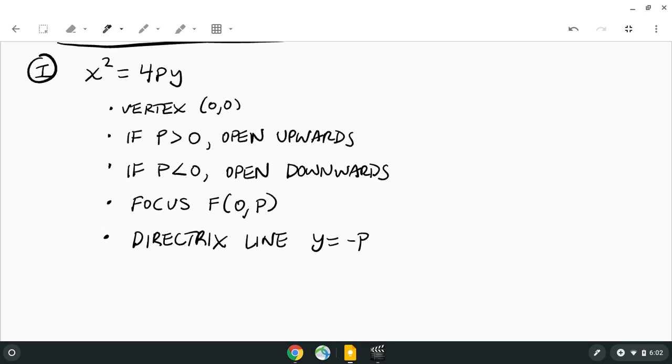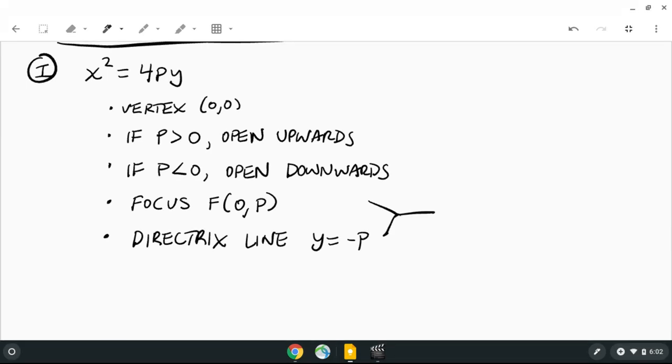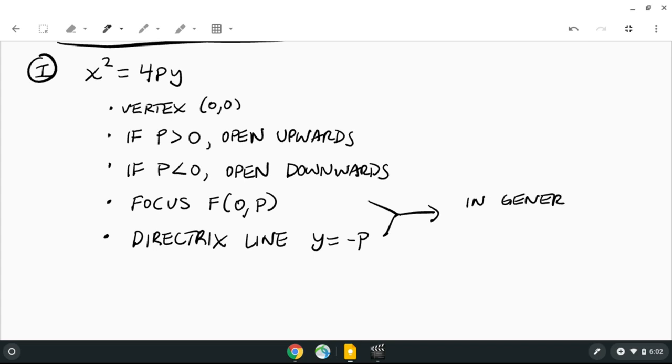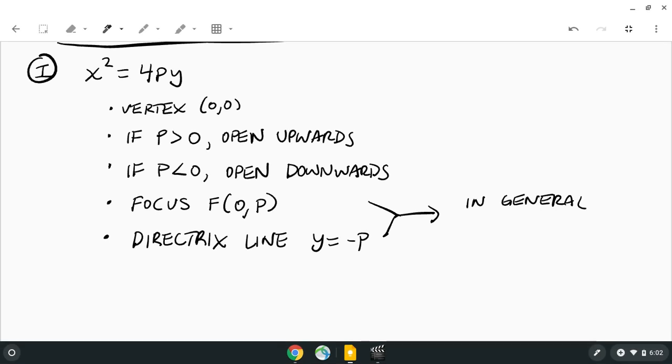Regardless if it's positive or negative, these last two will remain. So in general, if you look back at the drawing, we can see that these two things, the focus and the directrix, are P units away.